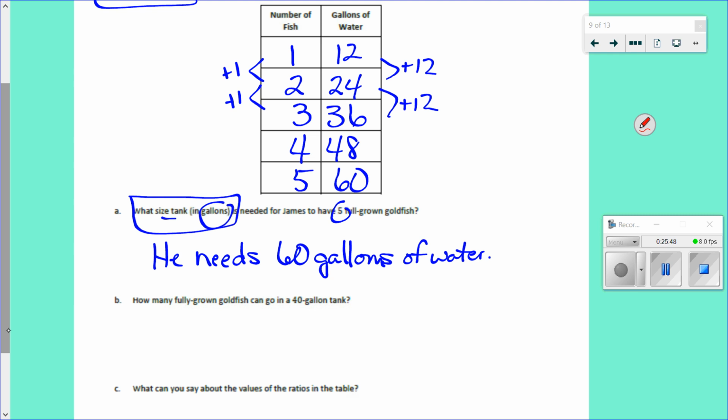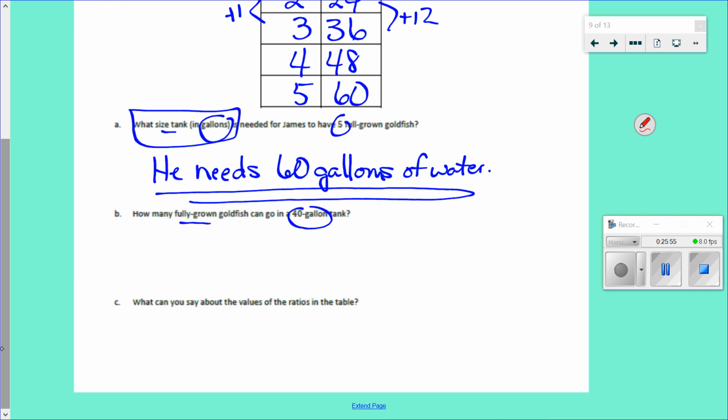Okay. How many full-grown fish can live in a 60-gallon tank? What do you think, Kendall? 3? Why'd you say only 3? Why not 4?